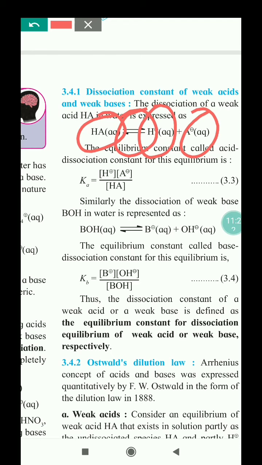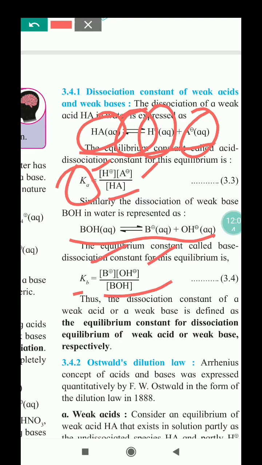By applying the law of mass action to this reaction, we get Ka, the equilibrium constant, which is the activity or concentration of H positive times the concentration of A negative divided by the concentration of unionized acid HA. Similarly, for BOH, Kb is equal to the concentration of B positive times OH negative divided by BOH.